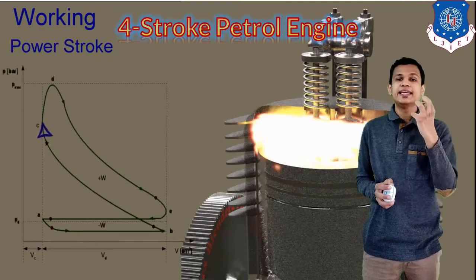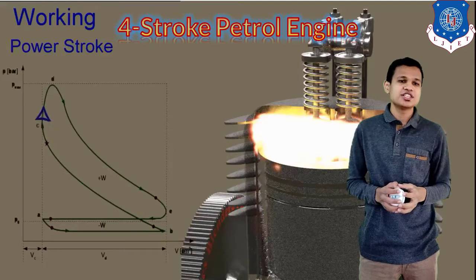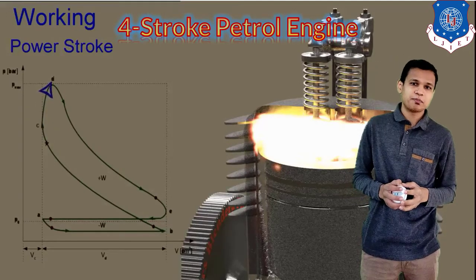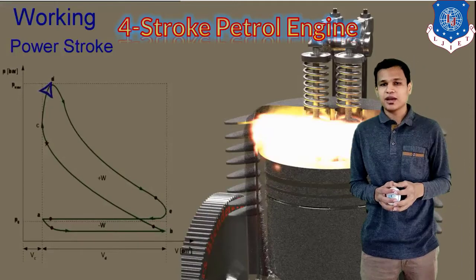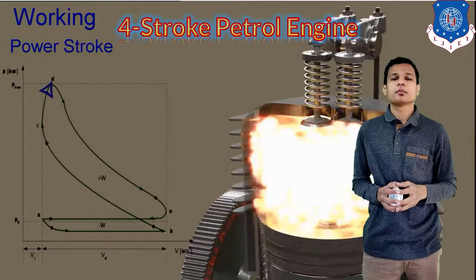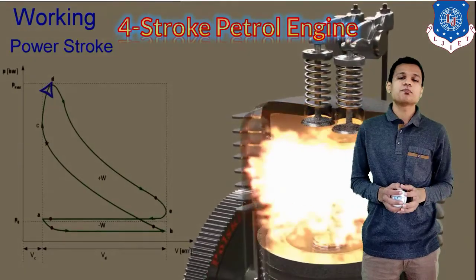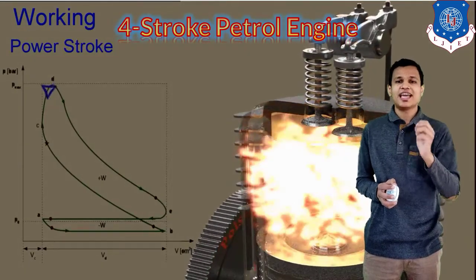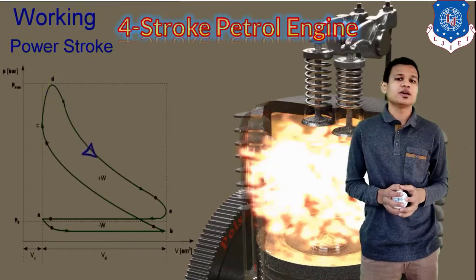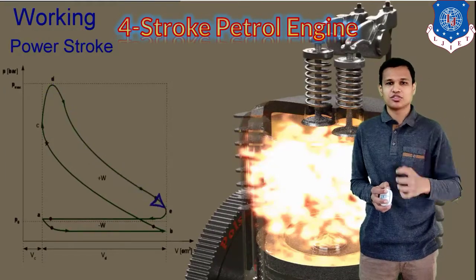During that, heat is being supplied in the engine, and you can see the graph in which the heat is supplied. After the supply of heat, you can see the piston moving from TDC to BDC. That is known as the power stroke, or also the expansion stroke, because expansion of gases happens in the power stroke.